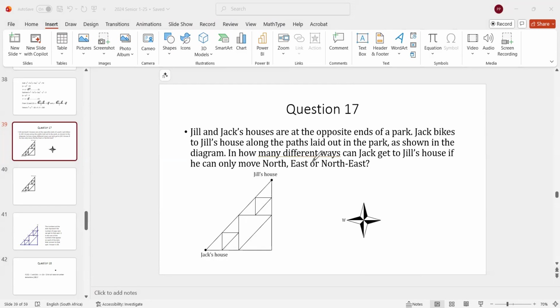So many ways in which you can get there. So the question is, in how many different ways can Jack get to Jill's house if you can only move north, east, or northeast? In other words, along the sides of these triangles.